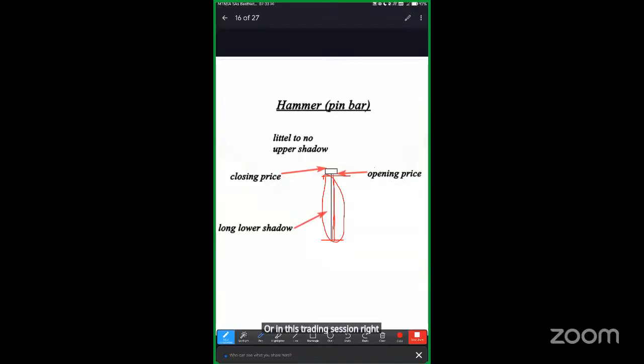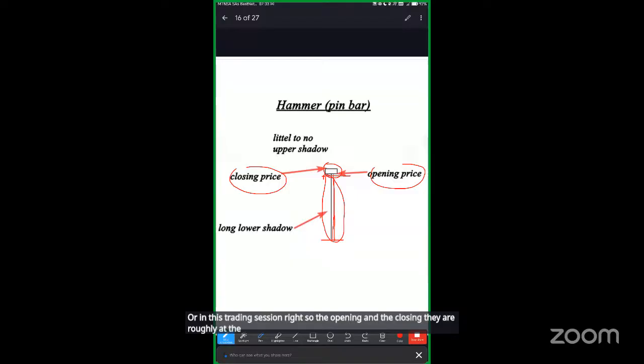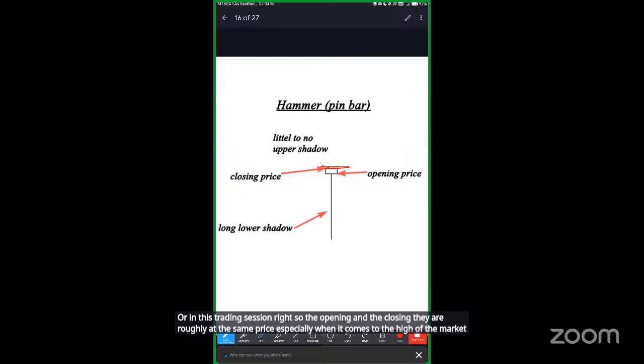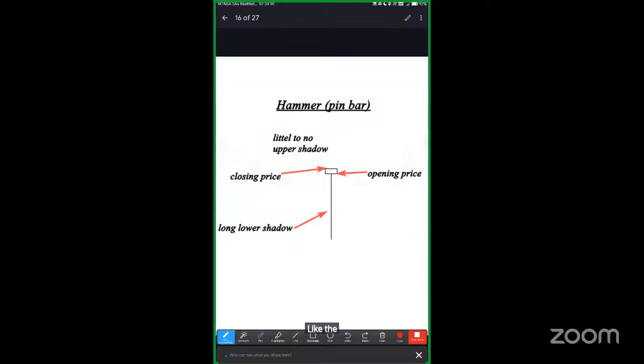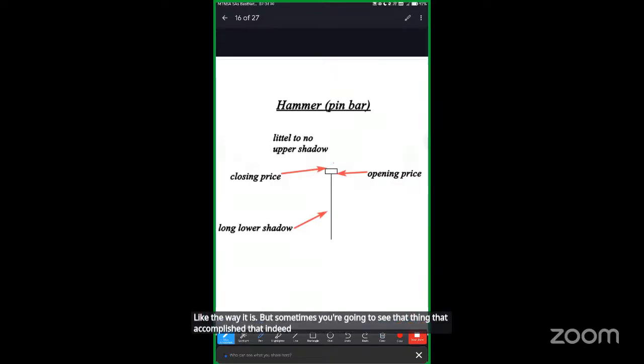So the opening and the closing are roughly at the same price, especially when it comes to the high of the market. Sometimes there is a little upper shadow, sometimes there isn't. But sometimes you are going to see that thing that completes that indeed this is a hammer, okay? Because there are other hammers that are only having a head, but there are other hammers that are made in the village.